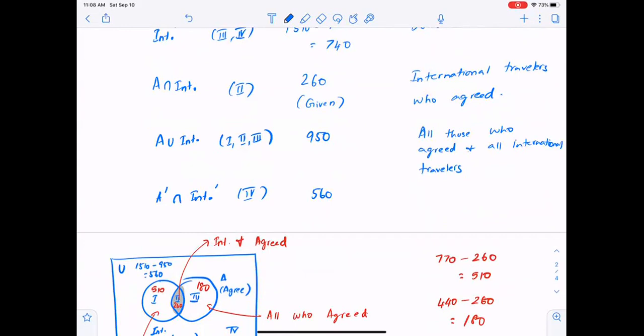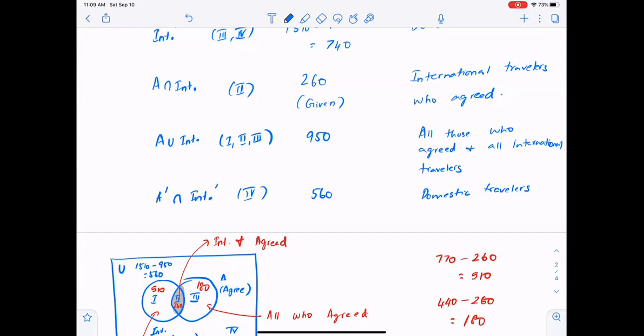Next, A complement would mean not A, which would mean not international travelers, so domestic travelers. Sorry, I put it backwards.